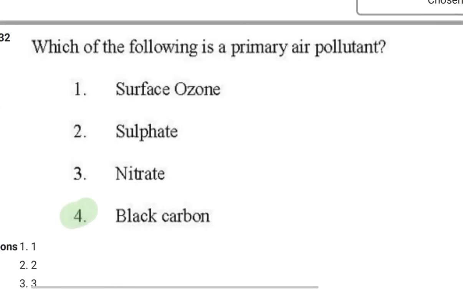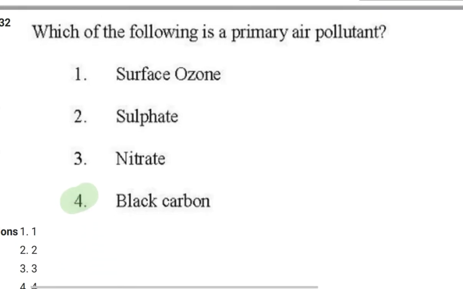Next, which of the following is a primary air pollutant? It is black carbon. We know primary air pollutants are those which do not undergo any further chemical process to give secondary products.